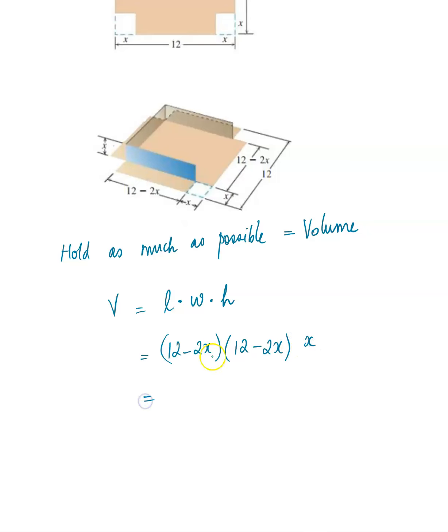So you can pull out a 2 from here and a 2 from here. That will make it 4, and bring this x in the front. So that will make it 4x times 6 minus x times 6 minus x. You can FOIL this. Let me write that again.